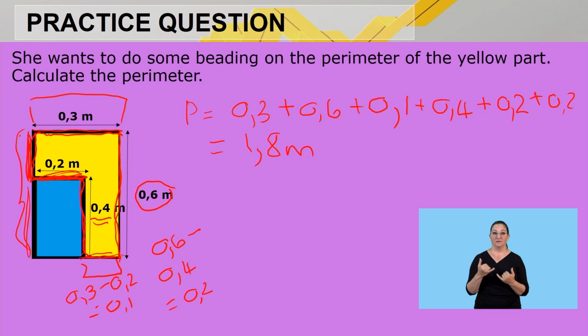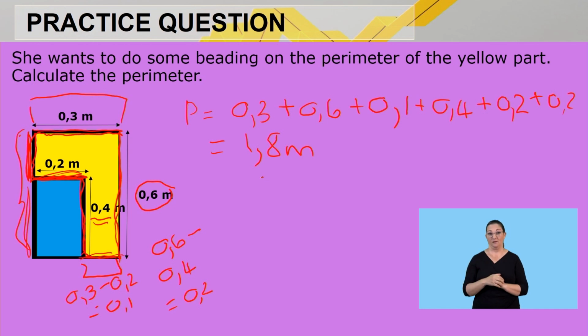Meaning, if she wants to do some beading on the perimeter of the yellow part, she will need 1,8 meters of beading. Say, for instance, we decided that the answer must be in centimeters. What we need to do now is convert the 1,8 meters to centimeters.